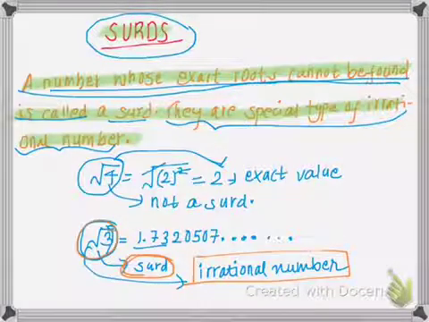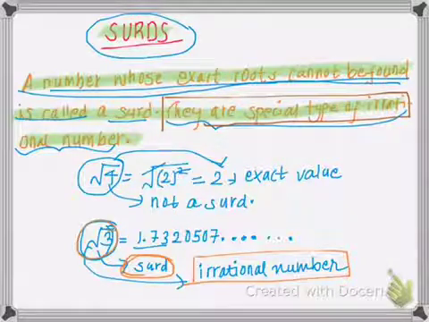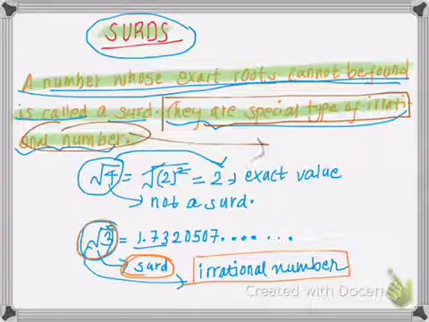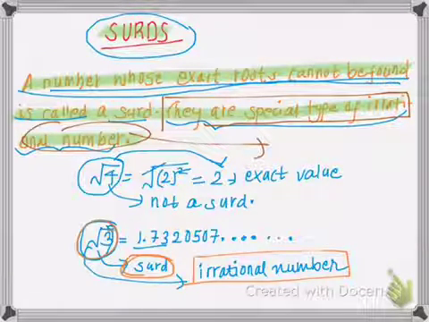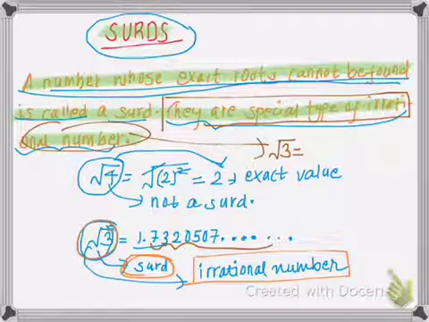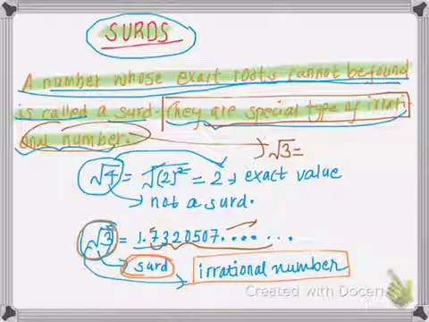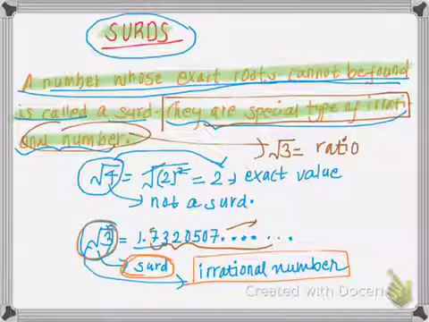So I hope you got the idea why the surd is called a special type of irrational number, because if we take a look at root 3, when looking at its decimal pattern, we can say it is non-recurring and non-terminating, and also root 3 cannot be expressed in some ratio, so it is an irrational number.